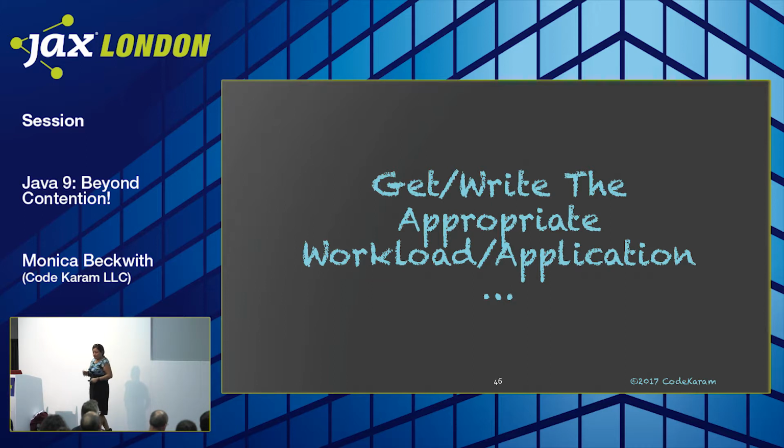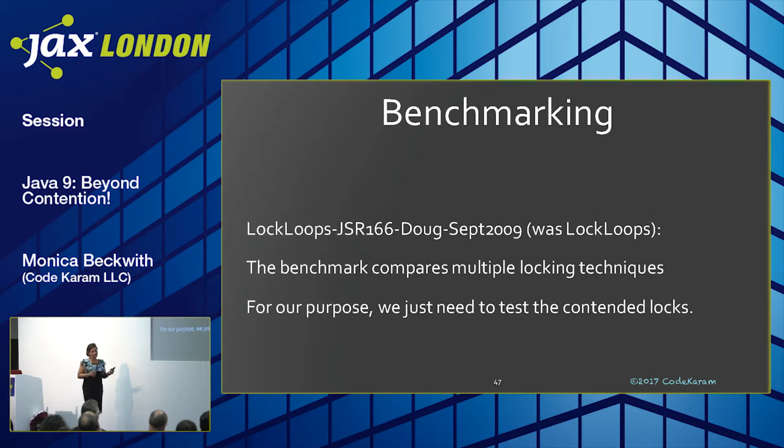So for that, I need to get a workload, right? Because we're talking about contention, you have to look at Doug Lea. When they were doing JSR 166, they were testing different optimizations such as reentrant locks and other things.